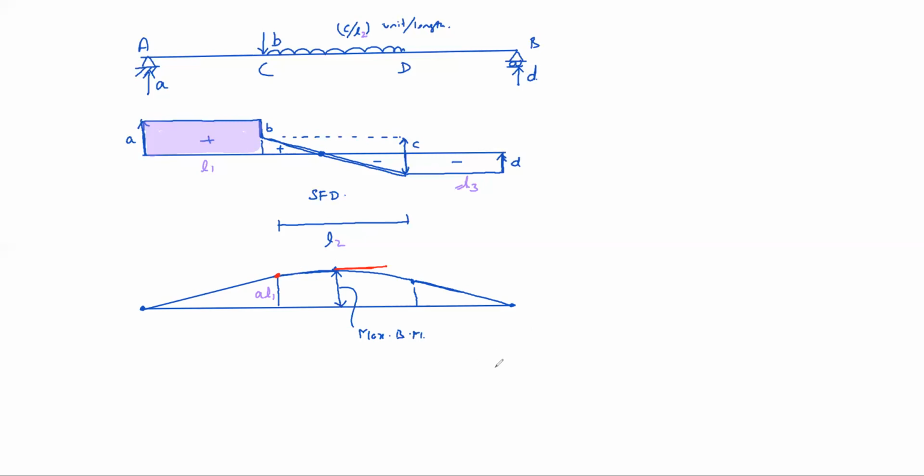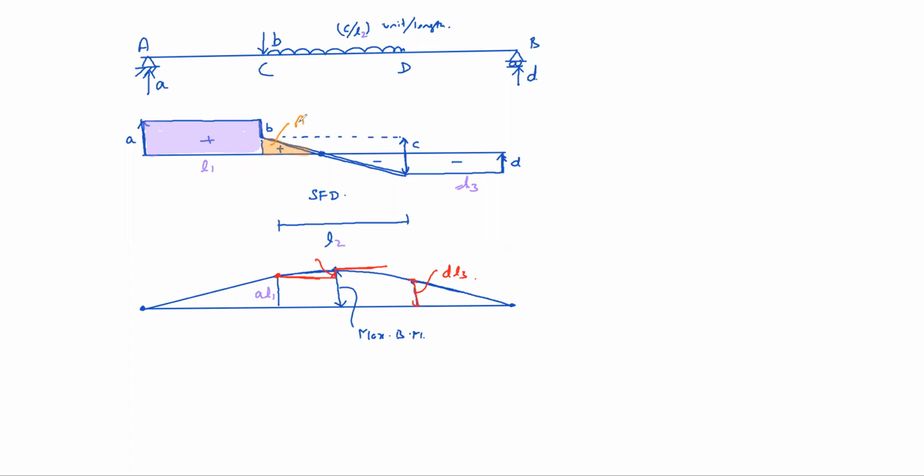The quantities also you can work out. Here you see D into L3. This quantity is D into L3. Similarly, the increment here is how much? That is the area of this. Whatever this positive area is there, that much increase will be there here.